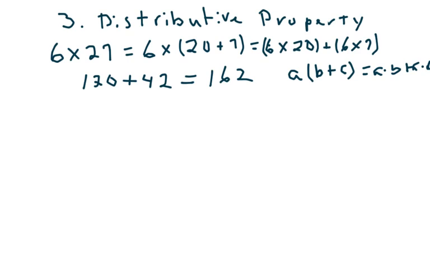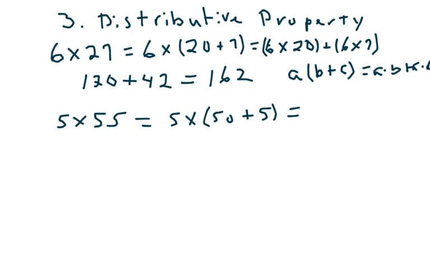Let's do one more example of the distributive property. Suppose we had a problem like 5 times 55. How's that? Okay, 5 times 55. Distribute it: 5 times 50 plus 5.